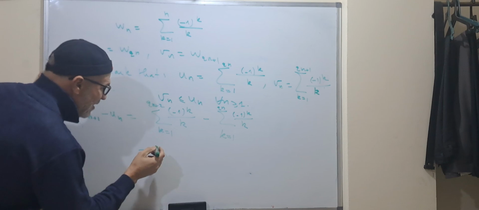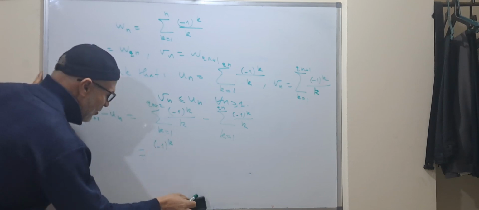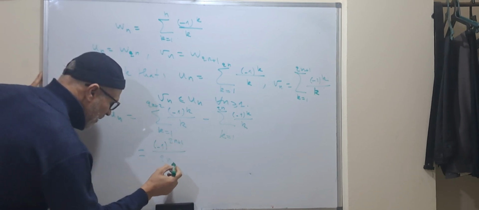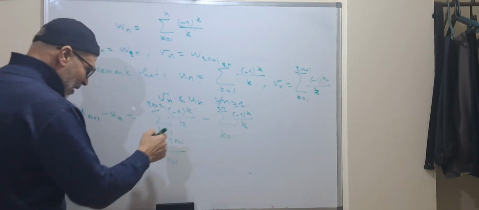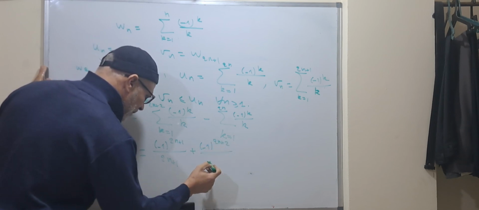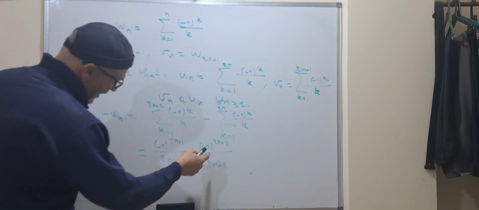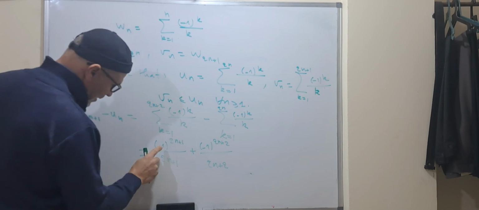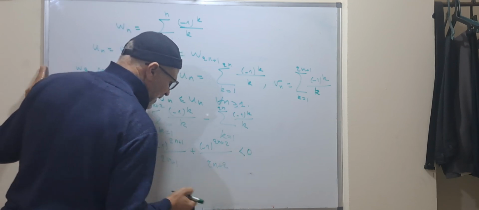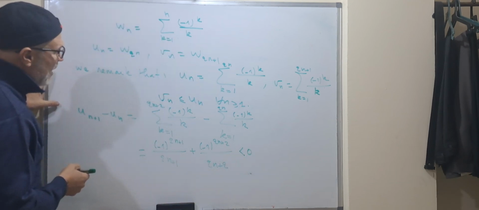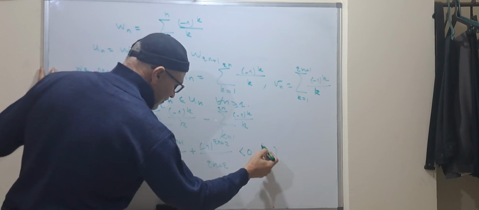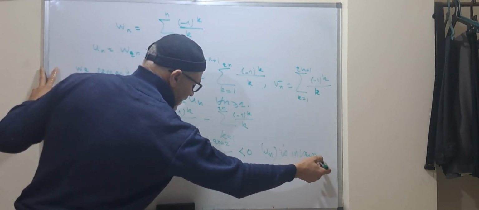The first one is (minus 1) power (2n plus 1) over (2n plus 1), plus (minus 1) power (2n plus 2) divided by (2n plus 2). This is positive and smaller than this negative and bigger than this one. This means what? Greater than 0. This means that un is increasing.